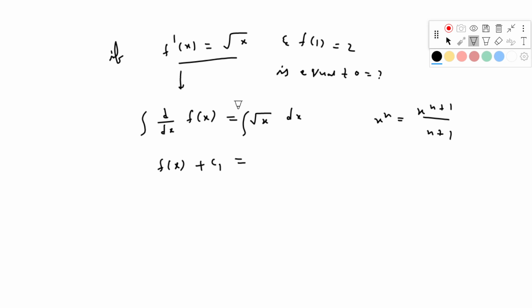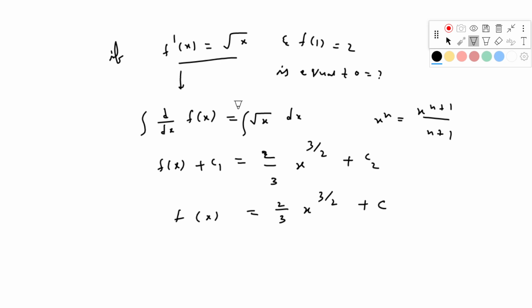So the integration is 2 by 3 x power 3 by 2, plus again a constant c2. Clear? Now I can write the whole thing as f of x equal to 2 by 3 x power 3 by 2 plus a constant.